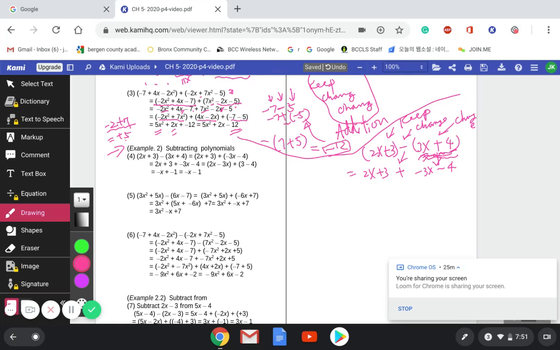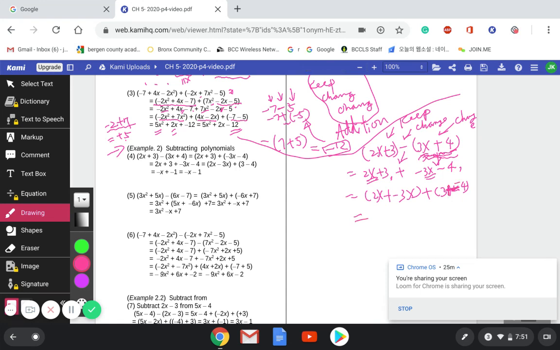And then you combine the like terms. So you have 2x plus negative 3x as like terms, and plus 3 minus 3 plus negative 4, because you have 3 with a negative 4. 3 plus negative 4.